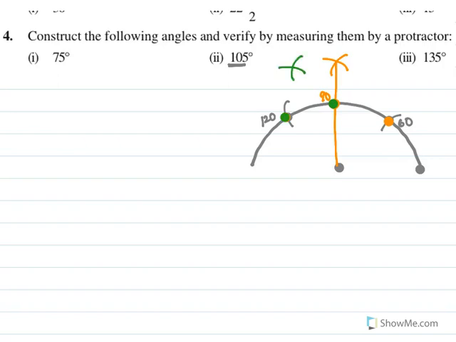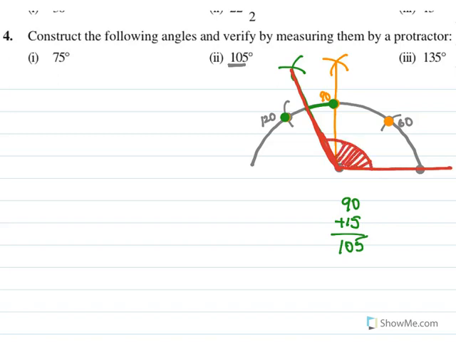So you get 2 arcs here, and when you join this up, now remember this is 15. This part is 15. So 90 plus 15 will be 105. So this angle, this entire angle will be 105.